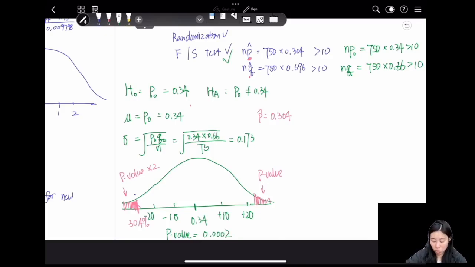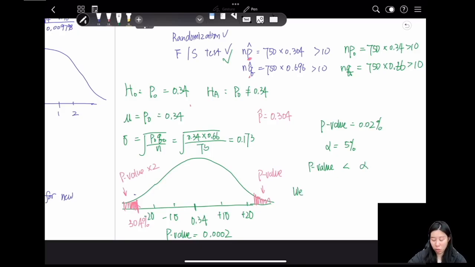Okay. So our p-value is 0.02%, and our alpha, they didn't say anything. If they didn't say anything, that would be 5%. So our p-value is less than our alpha. That means our p-value is small.